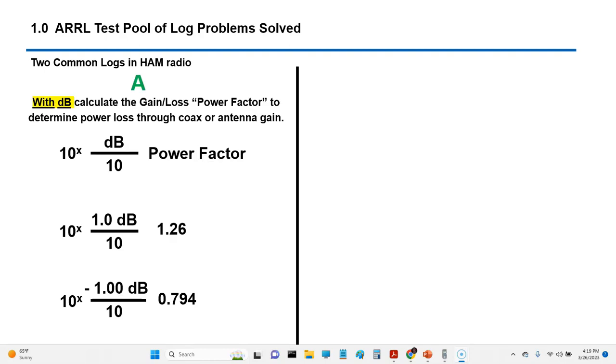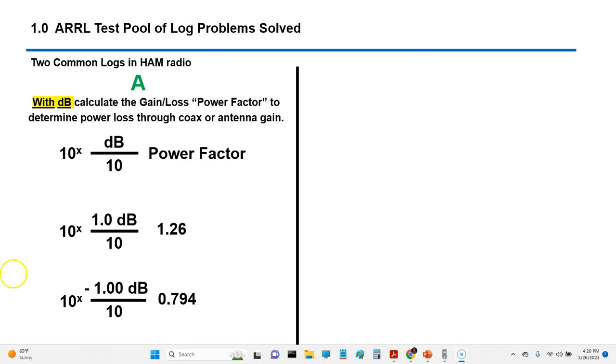In your ham radio career, you're going to come across primarily two log formulas that you're going to need to become familiar with. The first one is if you have the decibels available in the situation and you can calculate the power factor. A power factor of 1.26 is a gain, a power factor of 0.794 is a loss.